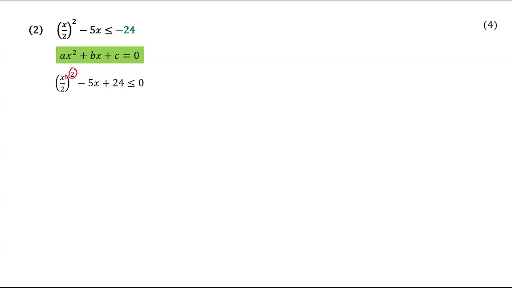So there's 1 there. So 1 times 2 will give us 2. So it'll be 2 to the exponent of 2, which is equal to 4.